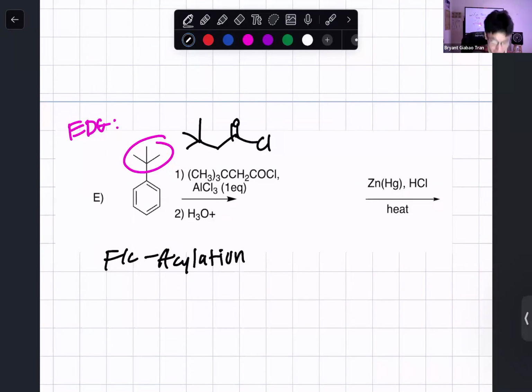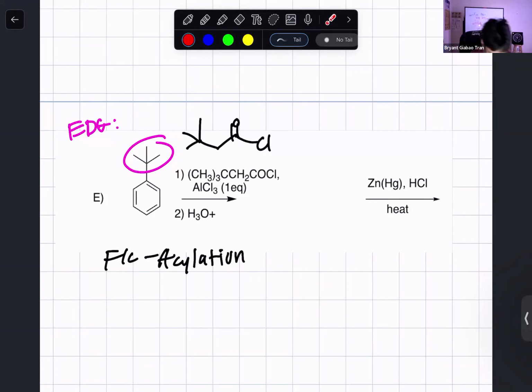We said earlier that R groups are EDGs. Do you know if EDGs are ortho-para directing or meta directing? Like, will they direct the electrophile to the... wait, hold on. Technical difficulties. Okay.